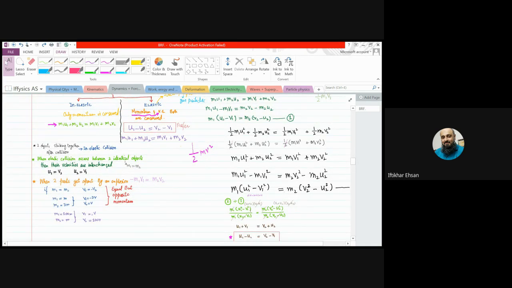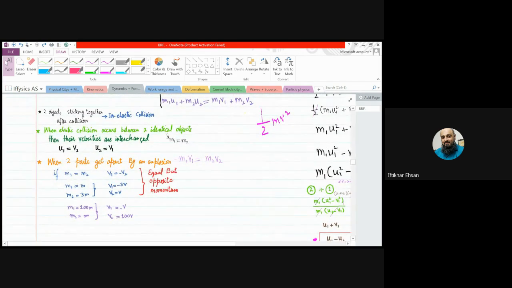There are 3 points which I would like to discuss with you, and they are special cases. There can actually be more than these special cases if we look at the American or world FSc system, but we have to focus on our own syllabus. One is that whenever two objects collide and they stick together, that collision is always going to be an inelastic collision.